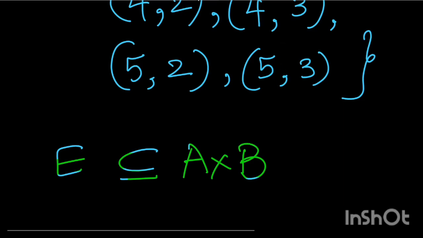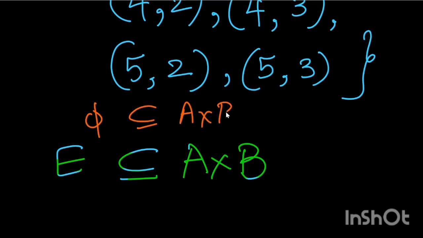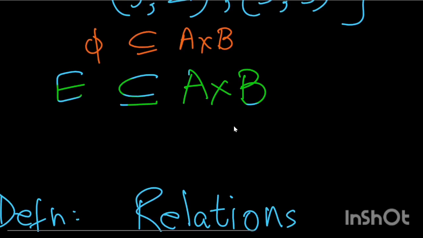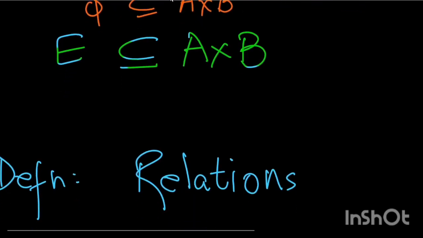What if I ask you about phi? So phi is also a subset of A cross B. So whichever set we define which is a subset of A cross B, that defines what we are going to do next, which is relations.